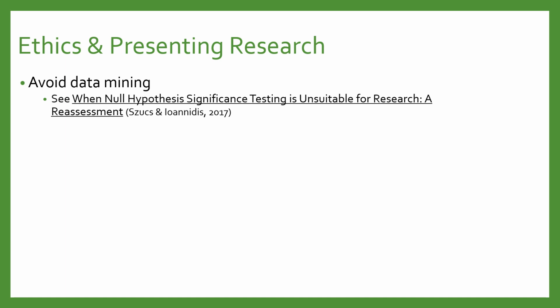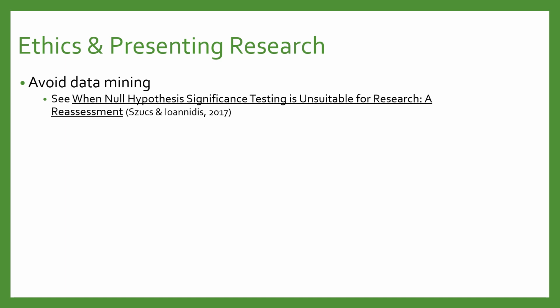So if you check out this linked article about when null hypothesis significance testing is unsuitable for research, they suggest that hypothesis testing studies should be pre-registered. So that's where they submit their methods to the journal editor and peer reviewers, and they approve their methodology before data collection and commit to publishing it regardless of the results.